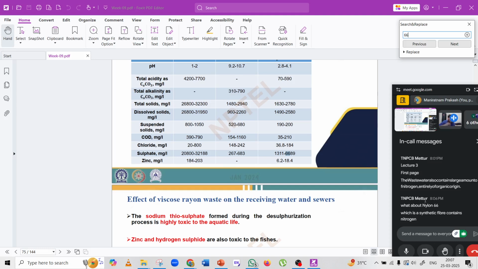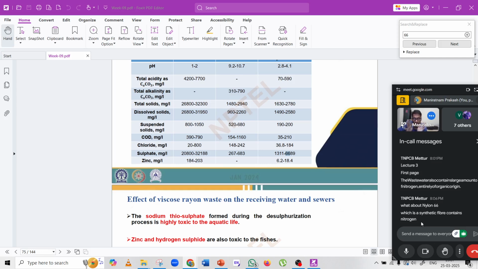See, this might contain nitrogen, but it is not a major thing. You have to look into the major thing, like which is giving the majority of the pollutant. Yes, it might be correct that nylon 66 might contain nitrogen, but does it mean that the wastewater generated from this will give a majority of nitrogen?